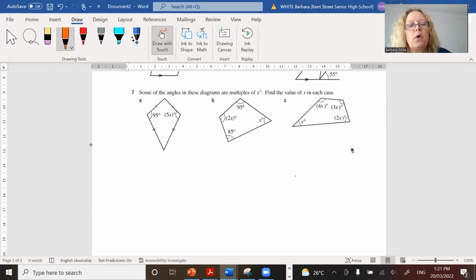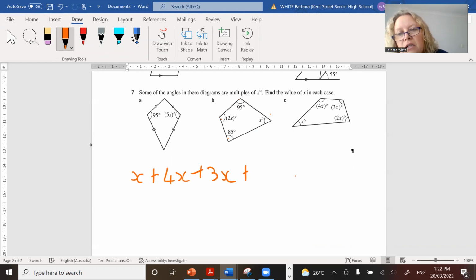Okay, we'll do it the same way. We've got x plus 4x plus 3x plus 2x, and they equal 360. How many x's have I got altogether?